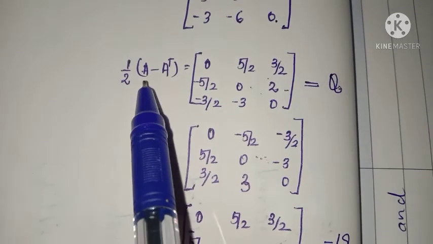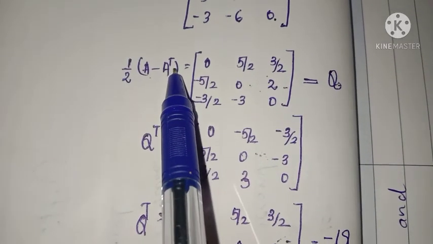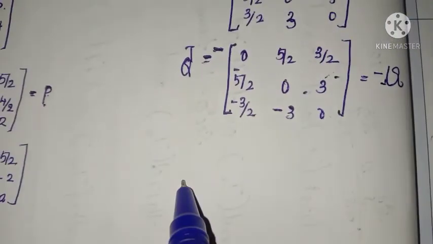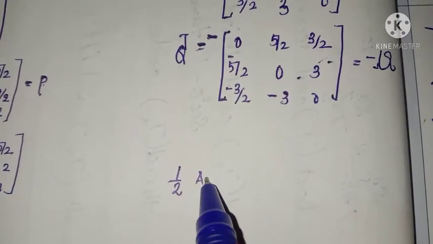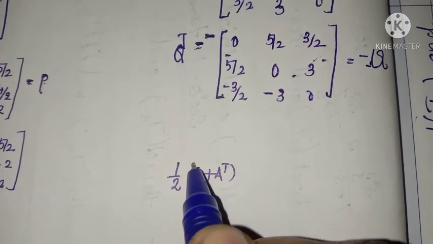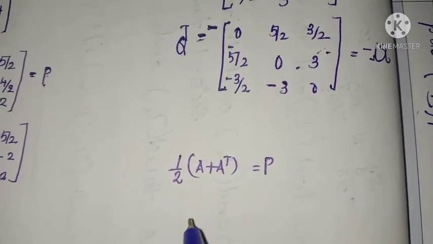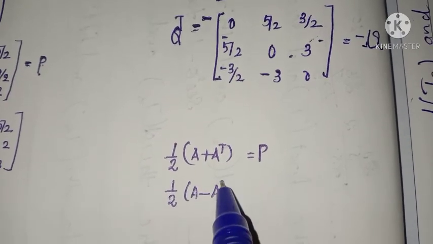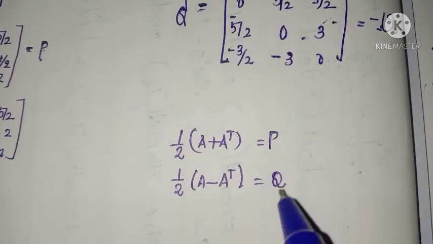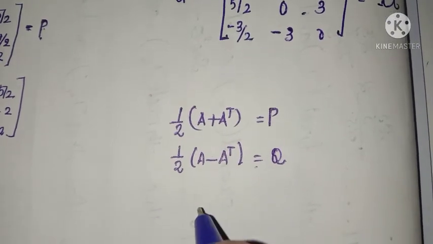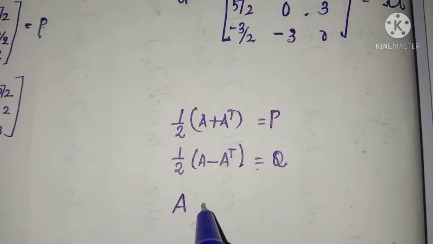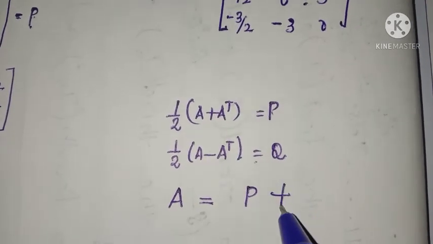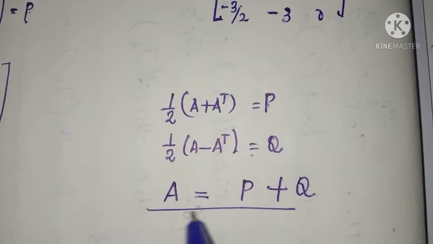That is, half into A minus A transpose is a skew symmetric matrix. So we proved that half into A plus A transpose, that is P, is a symmetric matrix, and half into A minus A transpose, that is Q, is a skew symmetric matrix. So the given matrix A can be written as the sum of symmetric and skew symmetric matrix.